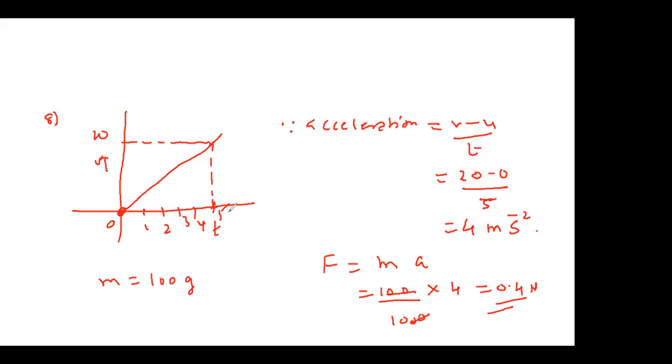So your initial velocity is 0 and final is 20. Correct.